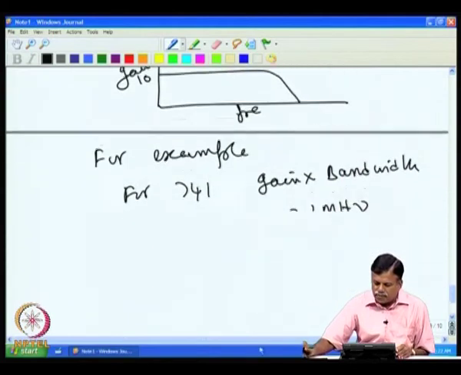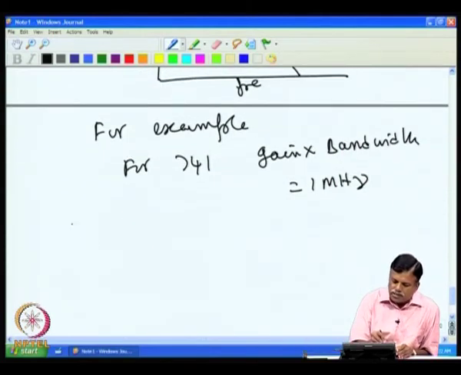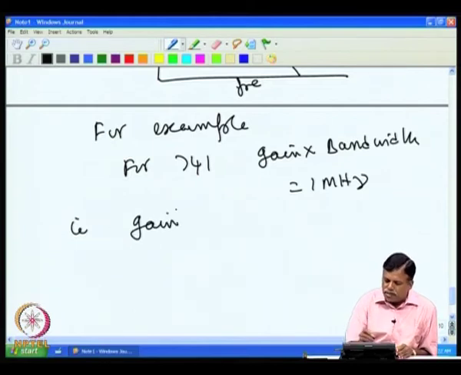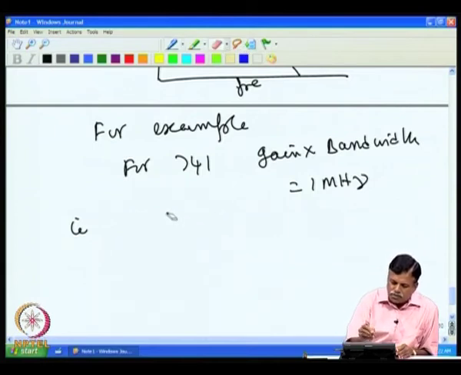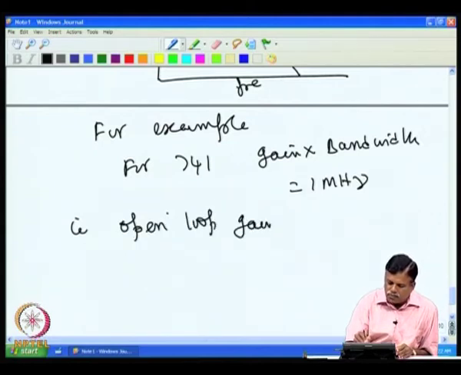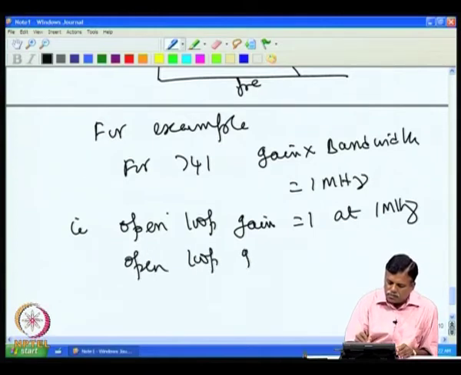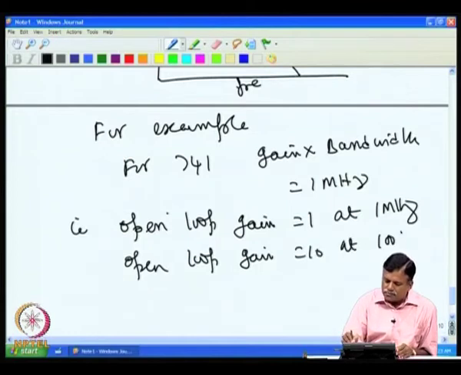So, open loop gain is equal to 1 at 1 megahertz, and open loop gain is equal to 10 at 100 kilohertz.